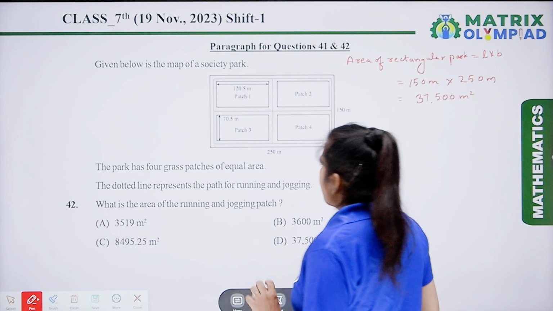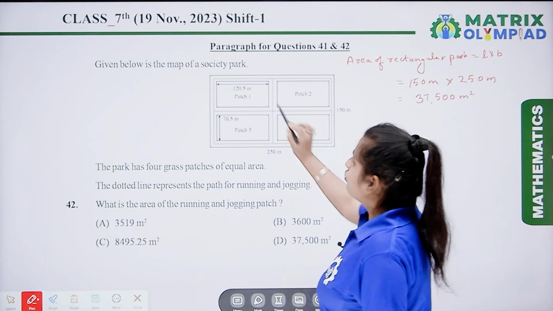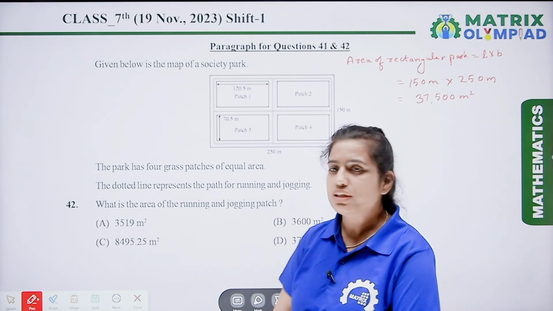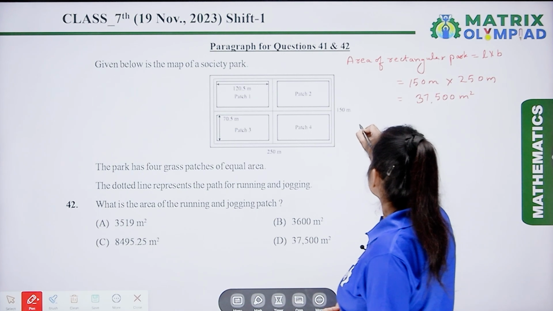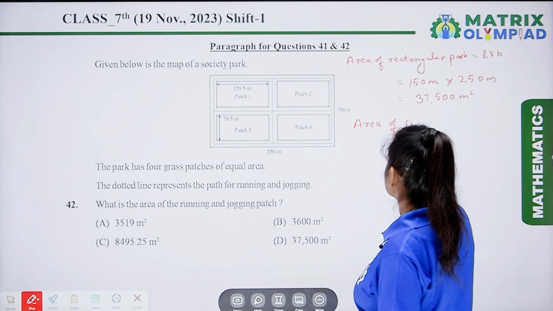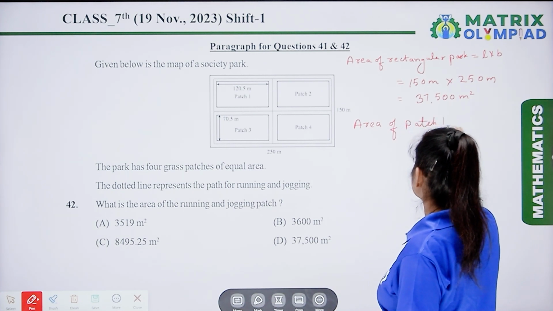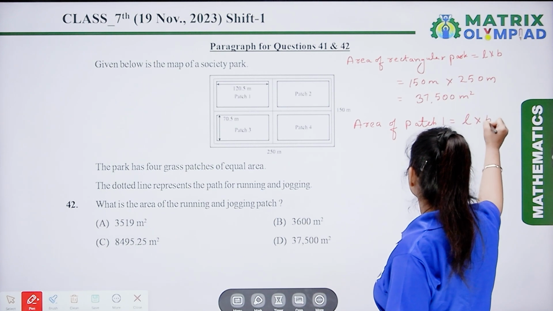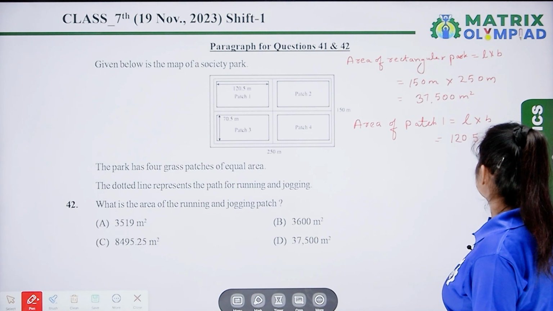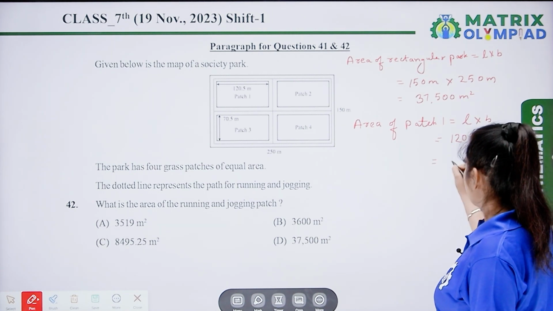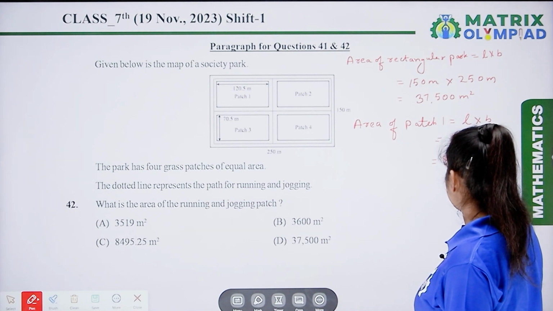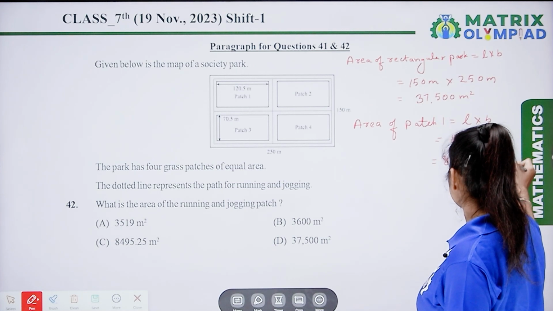Now we are going to subtract the 4 patches of grass from the whole area of this park. So let's find the area of patch 1, that is L into B. Here L is 120.5 multiplied by 70.5. Now the answer is 8,495.25 meter square.